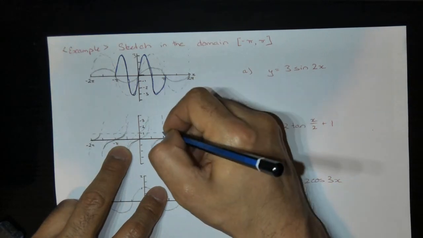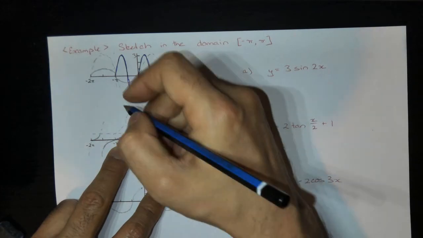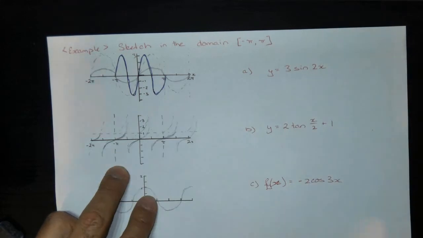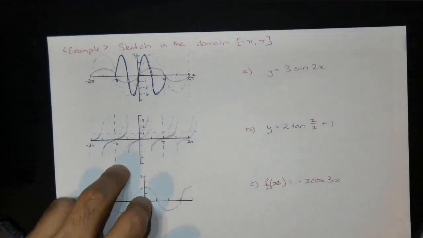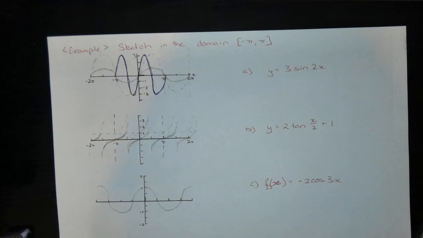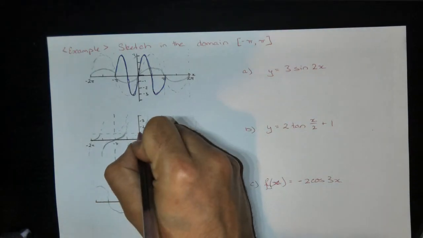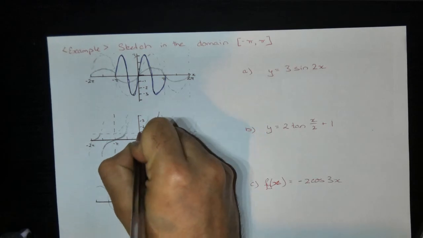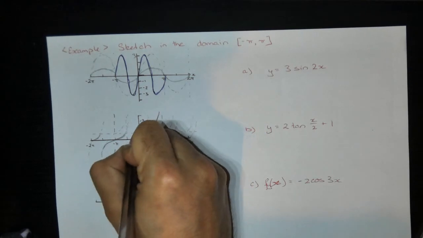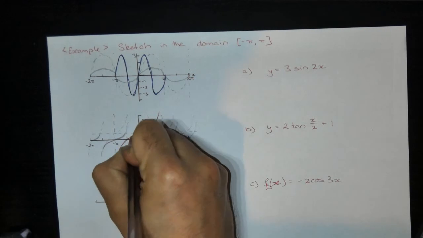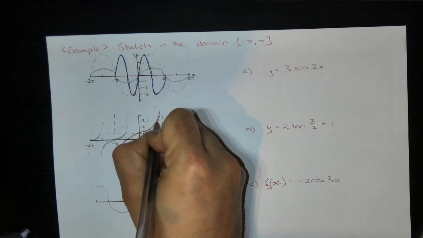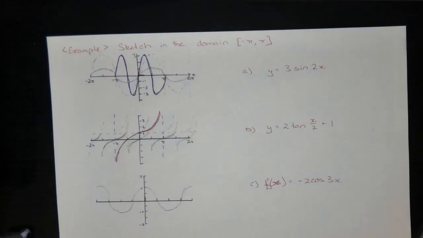Alright, and I'll do this maybe in red. So what's going to happen is I'm going to get that type of function happening at y equals 2 tan(x over 2) plus 1.